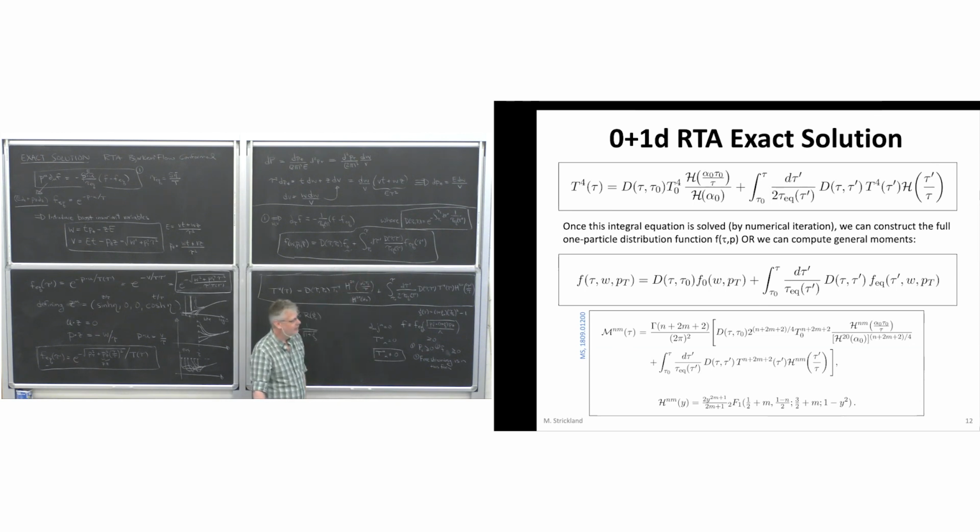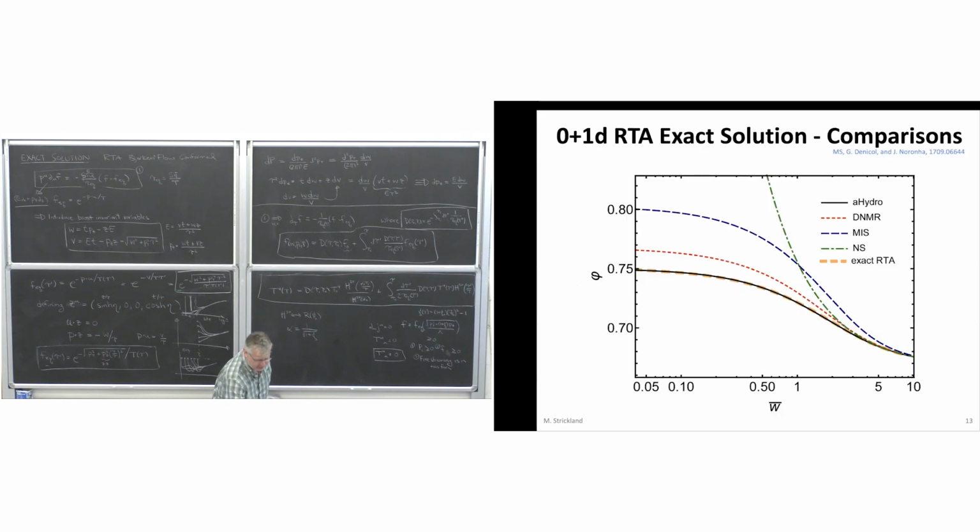Done. And you don't have to iterate this guy because you already know what t is. You just write it once and you're done. You know the time dependence of this moment. You only have to iterate once. And out of that, you can get the solution in this exact RTA case.